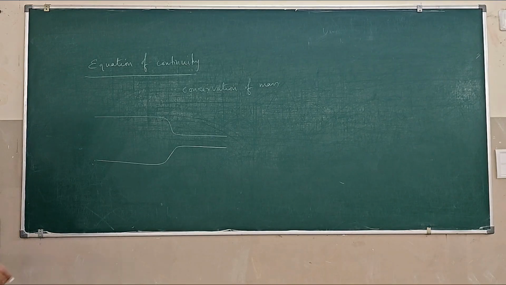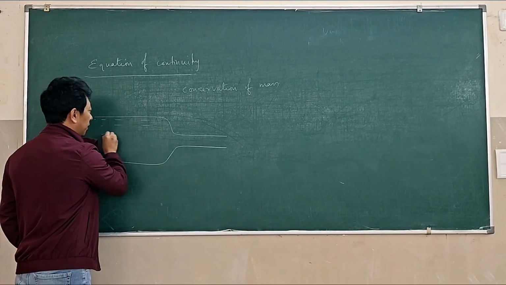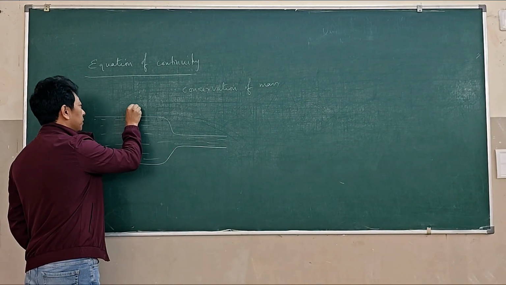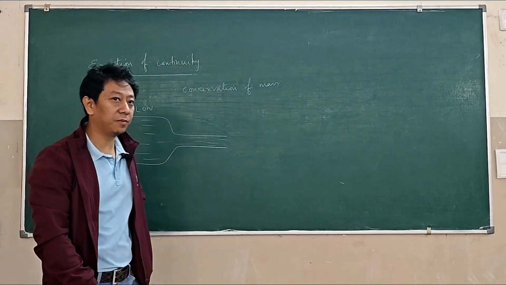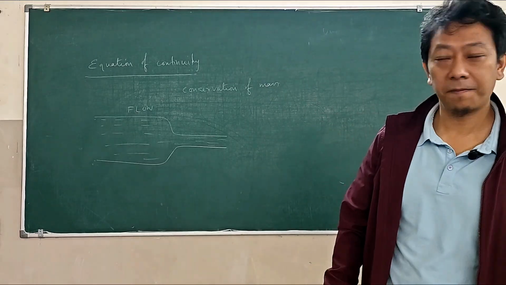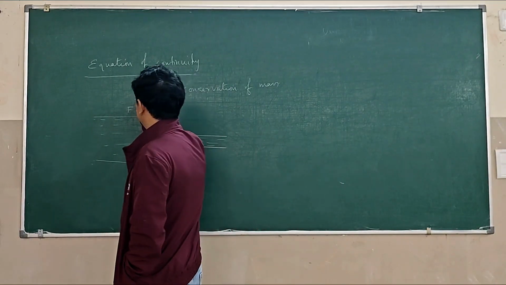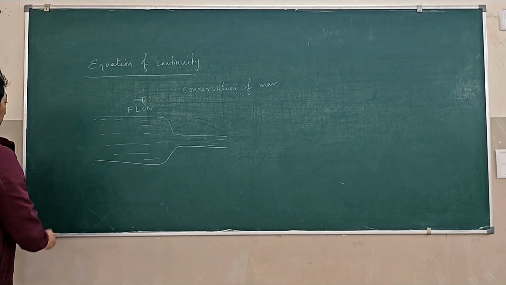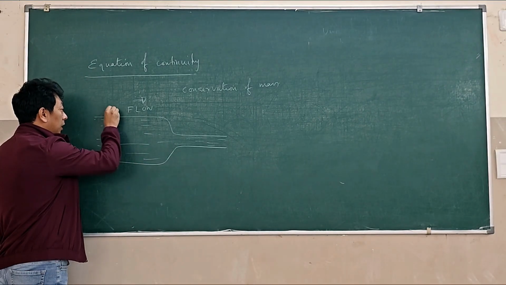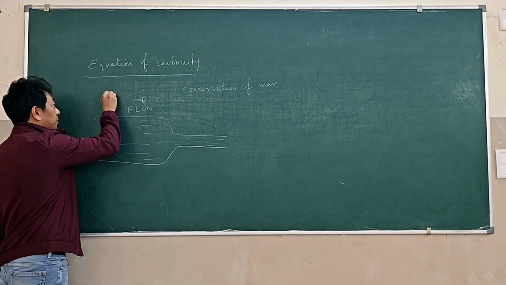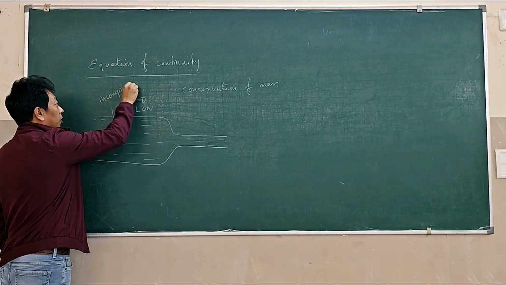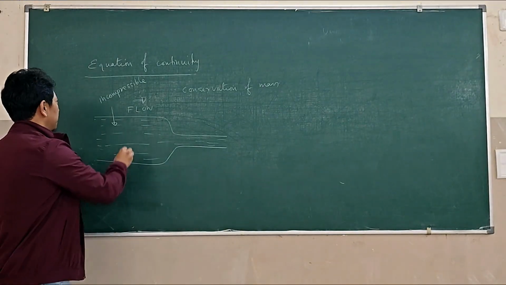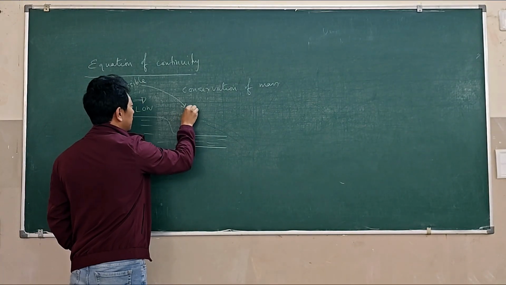Pipe where water or some liquid is flowing this way. Streamline flow, okay. All the flow considered will be streamlined unless I mention separately. So flow is this side. Now we assume this liquid is incompressible. Already we have done that assumption in fluid statics also. Incompressible basically means what? The density remains constant.